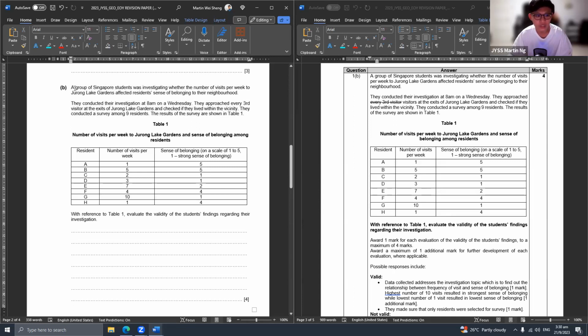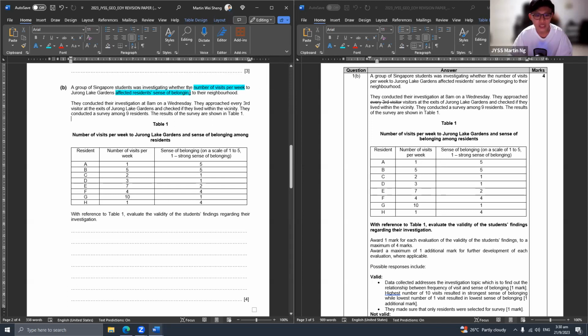So they say that a group of Singapore students want to investigate whether the number of visits per week to the lake gardens affects the residents' sense of belonging. So the investigation focus is number of visits per week, and then affecting the sense of belonging.